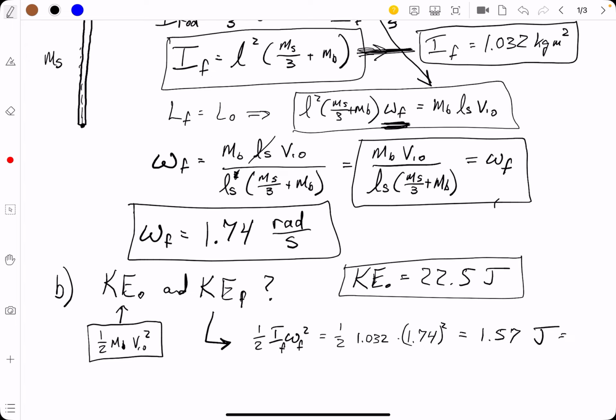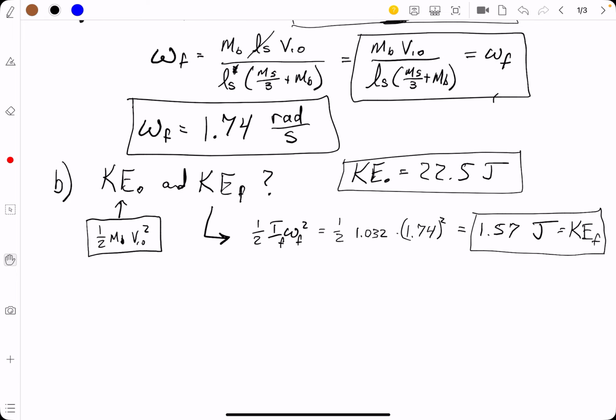Everybody's like, oh, we did not conserve kinetic energy. But no, of course we did not conserve kinetic energy. And why didn't we conserve kinetic energy? Hopefully some of you are saying, oh, because it was a non-elastic collision. Non-elastic means that energy was given away in the deformation of one of the objects.